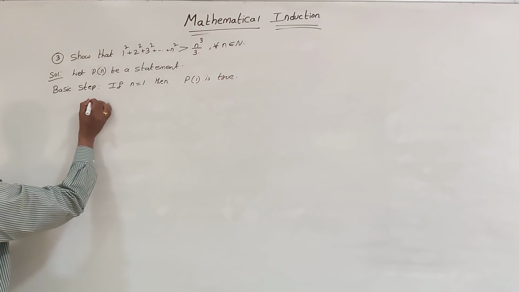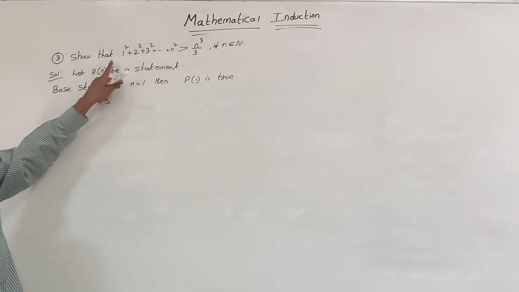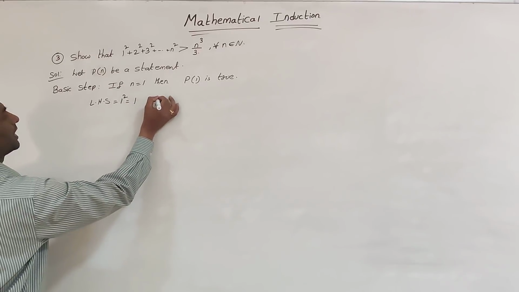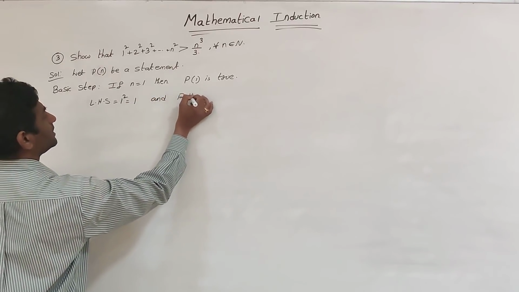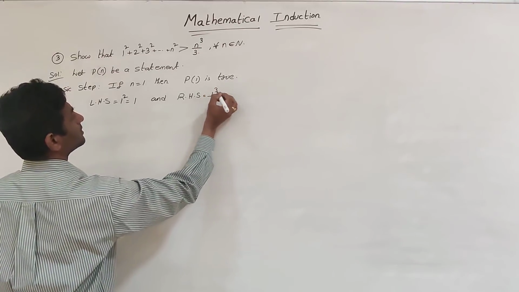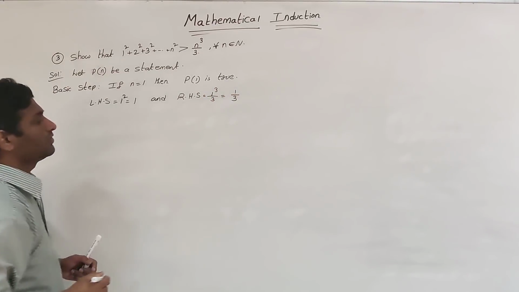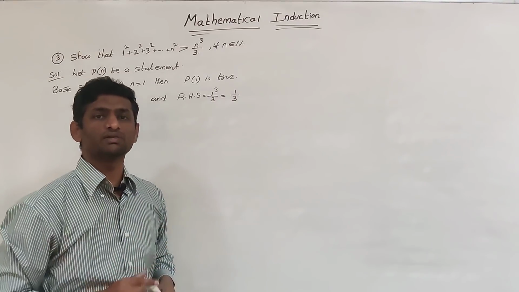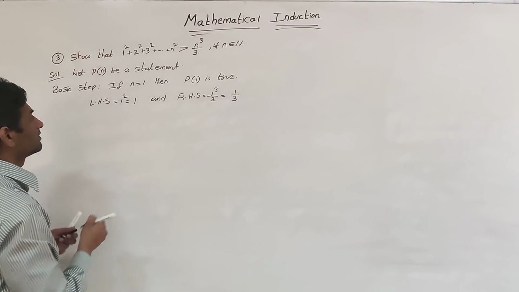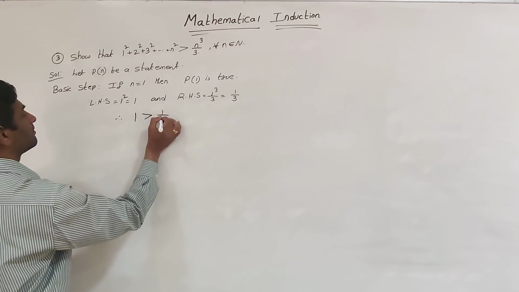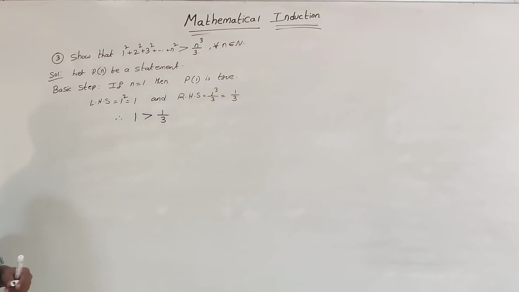Now we will see, on LHS it is only 1 square, which is equal to 1, and RHS of this inequality, n cube by 3, is 1 cube by 3, which is 1 by 3. Now what can we conclude? Is the value of 1 greater than 1 by 3 or less than 1 by 3? It is greater than 1 by 3. Therefore the value of the LHS is greater than 1 by 3. So 1 is greater than 1 by 3, so it is true.